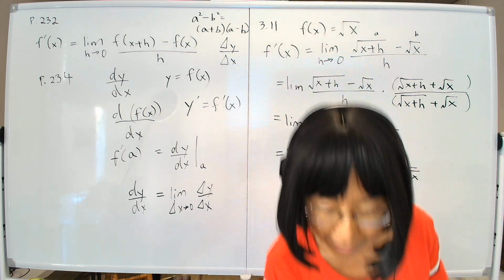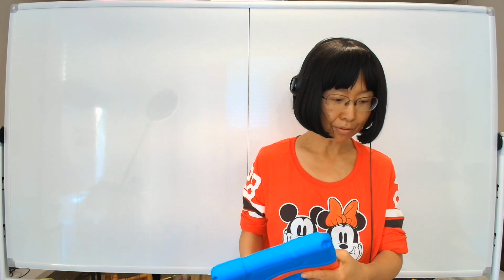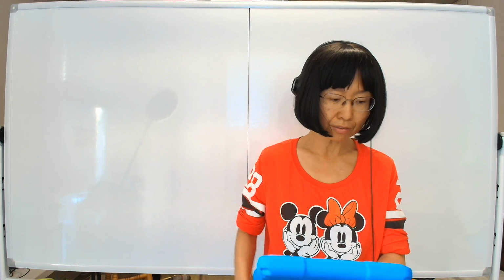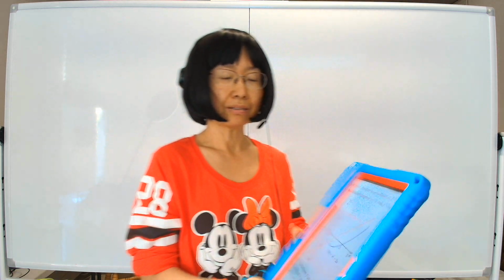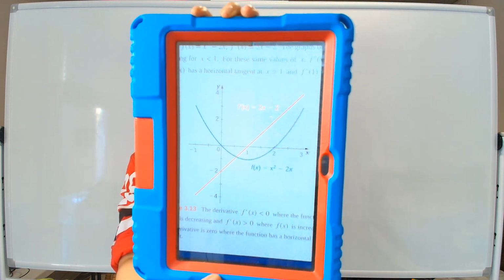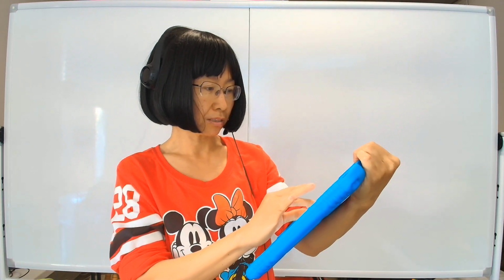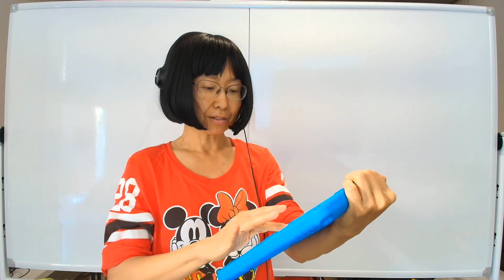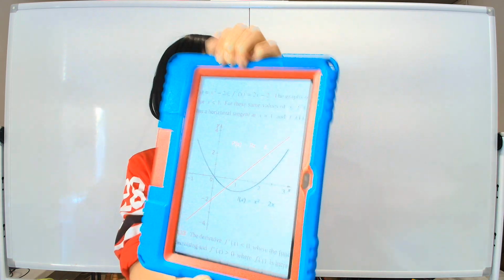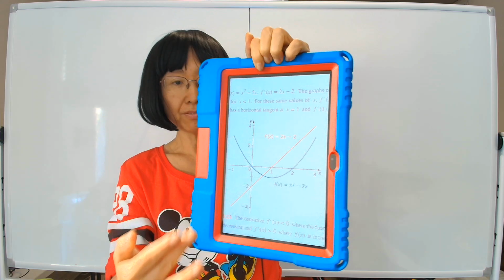All right, now I'll clean the board. Now when you finish example 3.12, you will notice that while your function f is some kind of parabola, the one down here, I am at page, what page is that? 235. So anyway, while your function might be some kind of a parabola, the derivative is some line.